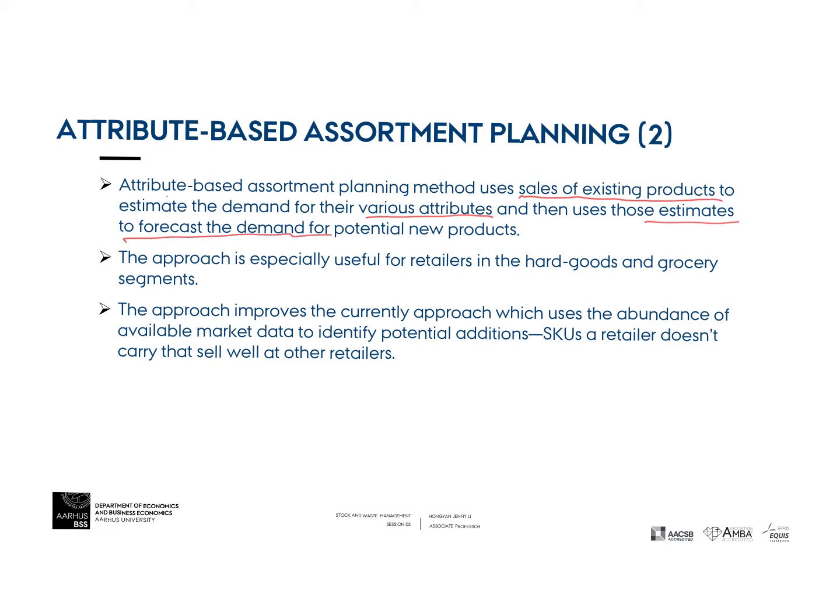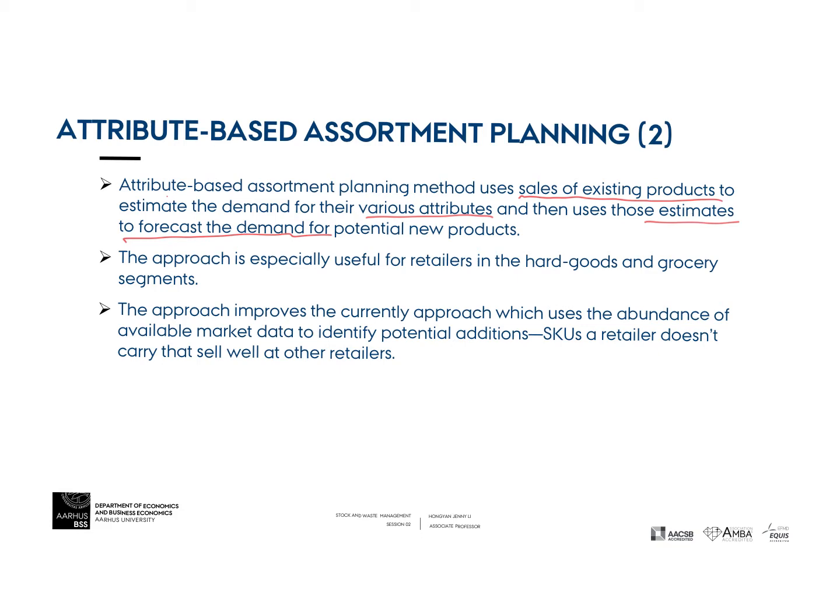We are going to talk about demand forecasting in the next lecture, but that's a bit different from how we forecast individual SKU demands. Here we're also estimating the correlated demand in one assortment.